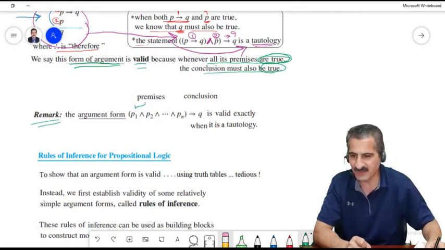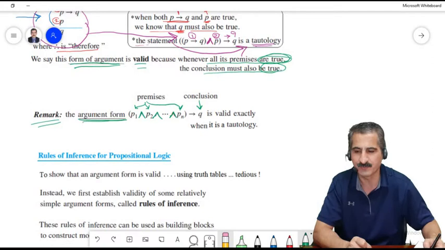We have some statement plus another statement and another statement, and we have 'and' all the time. So we have to have all the premises, all of them. And this is called the conclusion. So this is an argument form, and the hypotheses are called the premises here, and this is the conclusion.